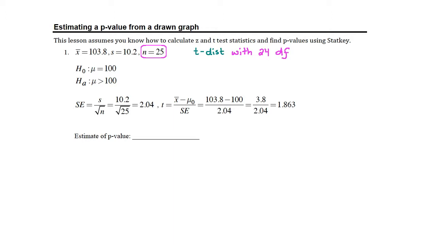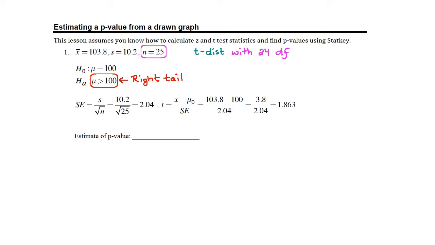So from our hypotheses, we can also tell that we want a right tail test, which we see from the alternative hypothesis, the fact that it has a greater than. We want the right tail of a t-distribution with 24 degrees of freedom. And our test statistic tells us where that tail should start.